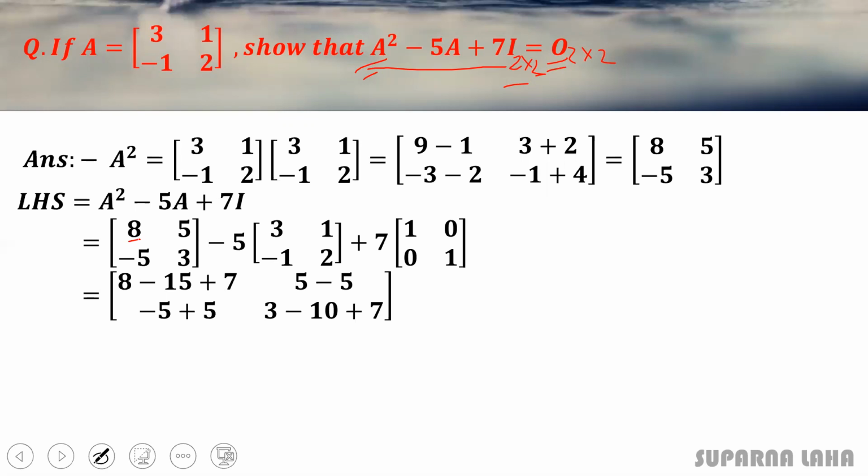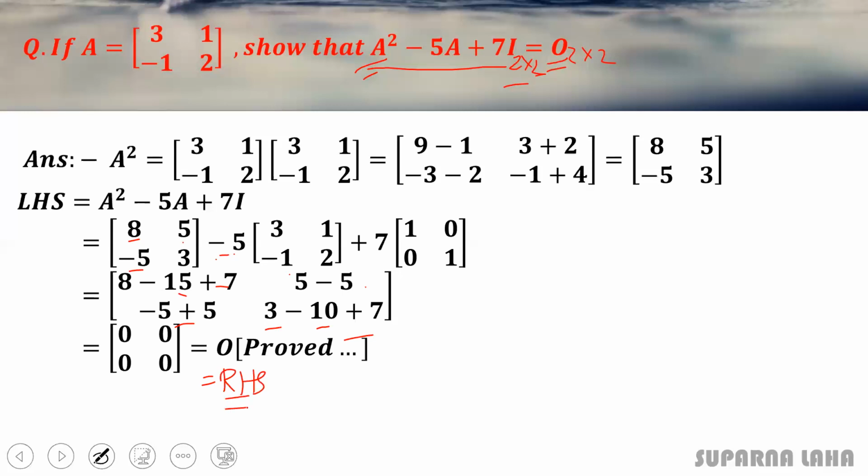This is 8 minus 15 plus 7, which is 0. Then 5 minus 5 and this one is 0, so no need to write 1. Minus 5 plus 5 is 0. Next is 3, 5 times 2 is 10, minus 10 plus 7, which is 0. So now look at that. This is a zero matrix, which is your RHS. So proved. You had to show that A square minus 5A plus 7I is the zero matrix.